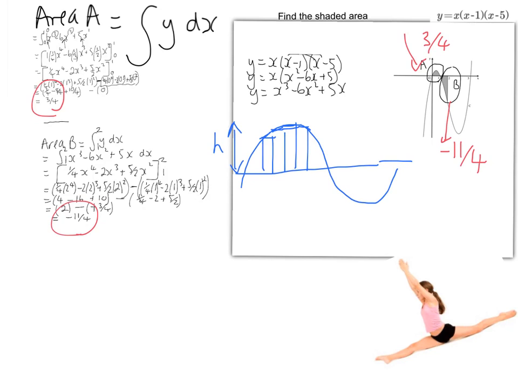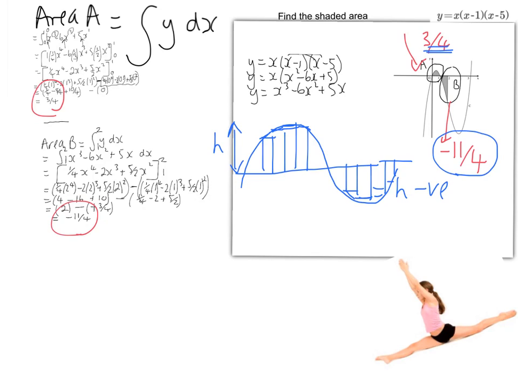Now, if the area is above the x-axis, the height is a positive number. Hence, areas above the x-axis come out with positive areas. But of course, if the area is below the x-axis, and I'm looking at trapeziums or rectangles, the height is now a negative height. So that's why areas below the x-axis come out as negative.